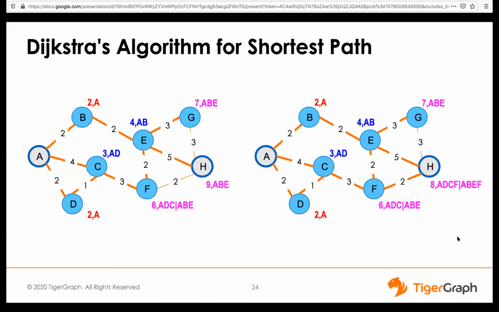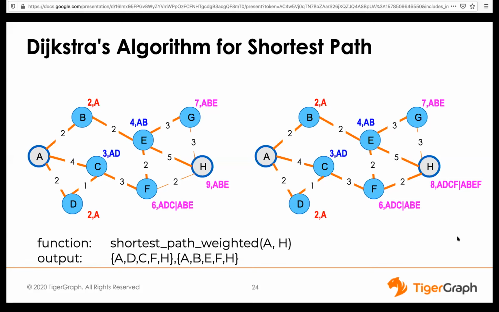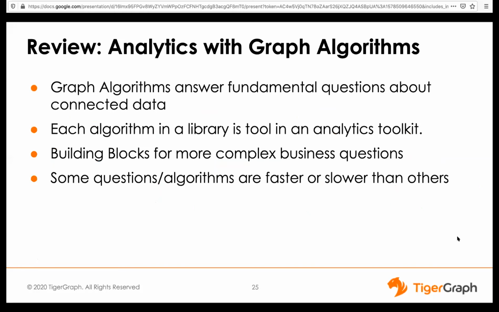I do have some summary if you go on to the next slide. So reviewing, graph algorithms answer fundamental questions about connected data. Each of those algorithms in a library is like a tool in a toolkit, and it's also a building block for answering more complex business questions.